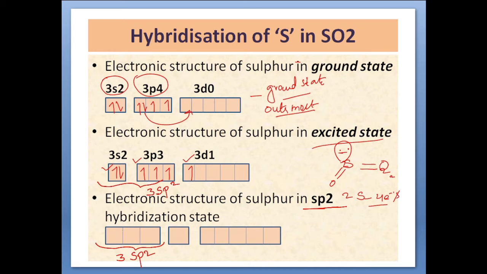In this, one hybrid orbital contains 2 electrons and two hybrid orbitals contain one single electron each, and one p orbital contains a single electron and this d orbital contains a single electron. So see here, two hybrid orbitals contain unpaired electrons and one hybrid orbital will have the lone pair. This is the lone pair.